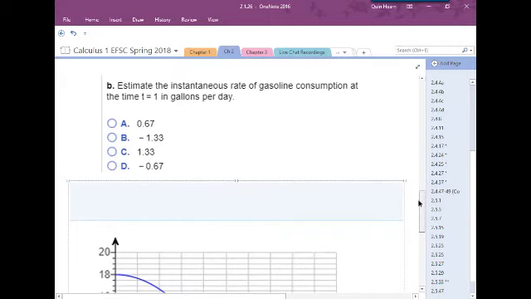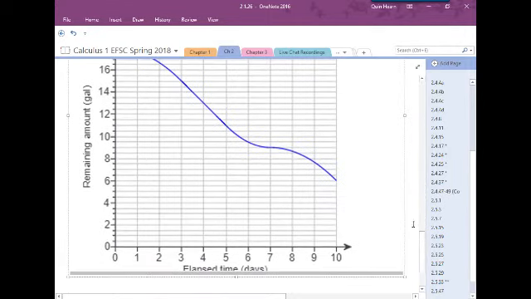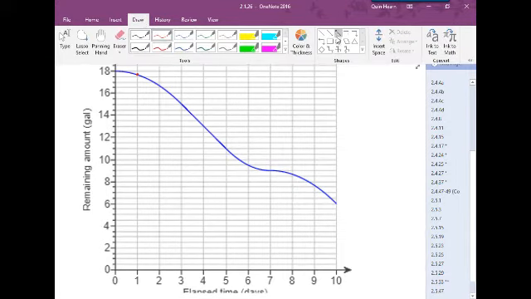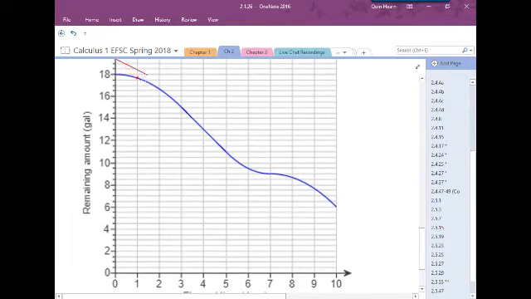Okay. So at t equals 1, we're going to imagine drawing a tangent line to the curve. So down here is t equals 1. We've got to follow it up to, it looks like about this here. All right, so we're going to draw in as straight of a line as we can that only touches the curve at one point.